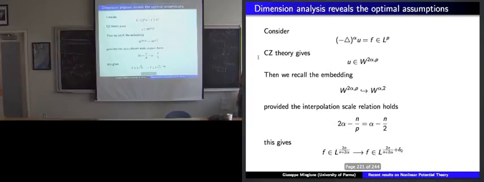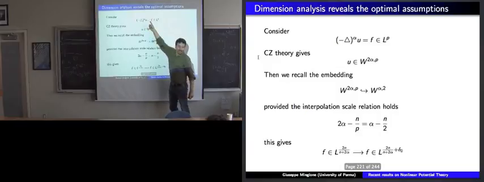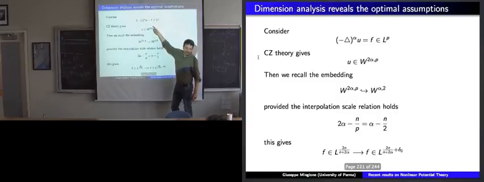So with a bit of heuristics, you know that by Calderón-Zygmund theory, if the 2alpha derivatives are in L^p, then u is in W^{2alpha,p}. Now, since you are interested not in 2alpha but in alpha plus delta, so almost alpha, you don't need to have 2alpha.